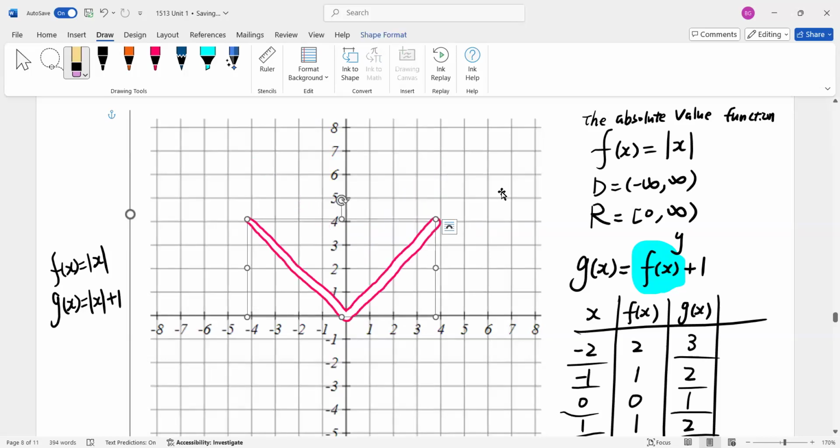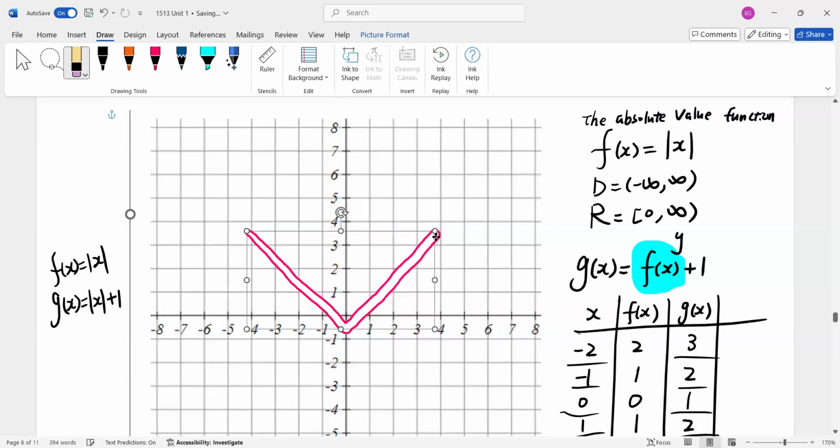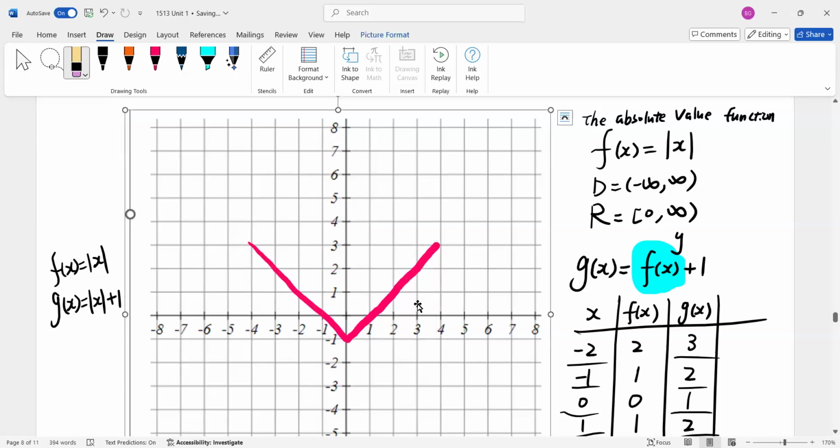This is the mother function, absolute value function. And if we subtract 1 from the mother function, we shift the graph downwards 1 unit, right? The x value doesn't change. All the points on the graph, x values don't change. The corresponding y value is reduced by 1, so go down 1 unit.